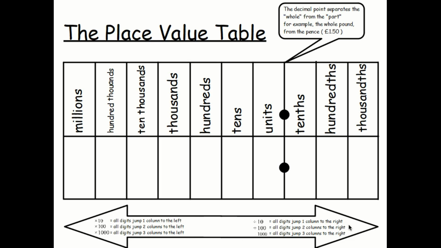Similarly, they go to the right 1 column if you're dividing by 10, 2 columns to the right if you're dividing by 100, and 3 columns to the right if you're dividing by 1000. In particular, you really need to know dividing by 10, all digits jump 1 column to the right, and dividing by 100, all digits jump 2 columns to the right. Really important, those two, especially for finding percentages of amounts.